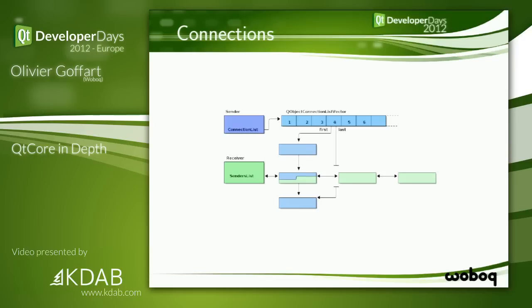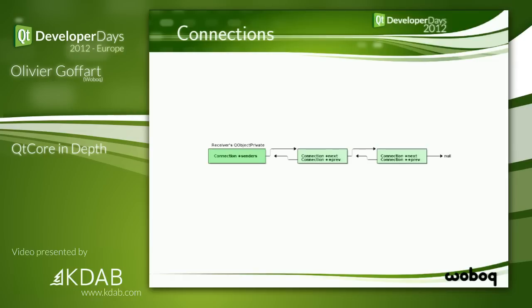When you remove objects, it was n squared to destroy all the connections, because when you destroy an object, you want to automatically disconnect everything. So we need to keep this list of senders, and the fact that it's a linked list makes it easy: when you just have the pointer to the connection, you can remove it from the linked list.